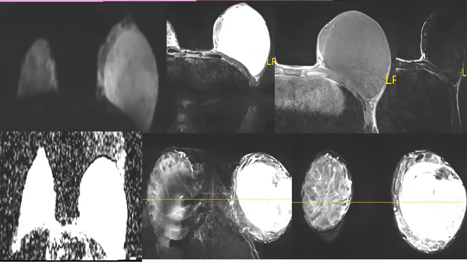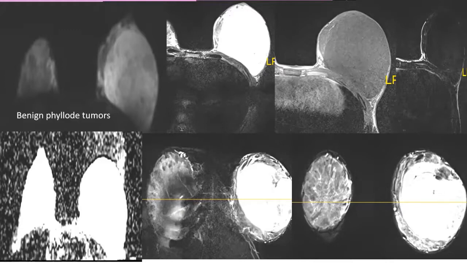It is not restricted in diffusion, and there is also some heterogeneity and cystic component. Here, the non-enhancing area is due to the cystic component, and it was very low on T2, intermediate on T1. This is the phylloides.